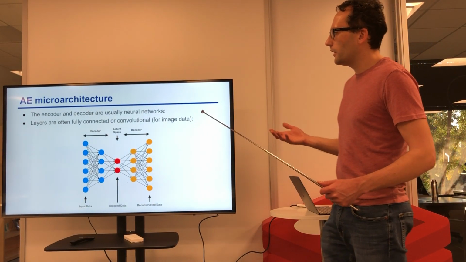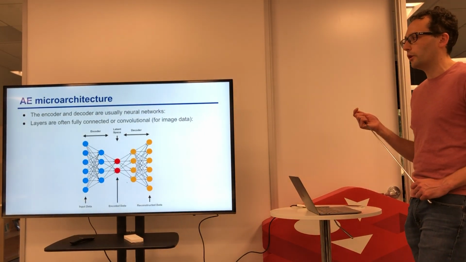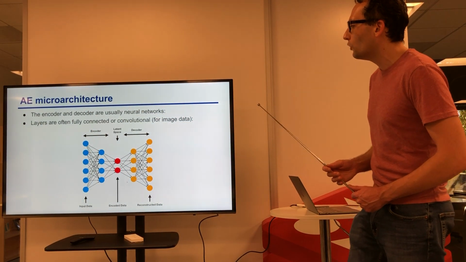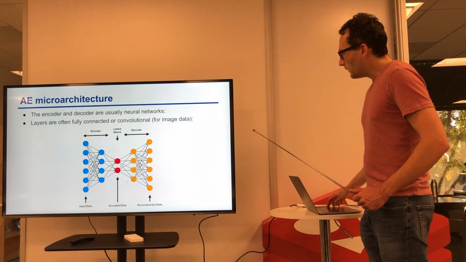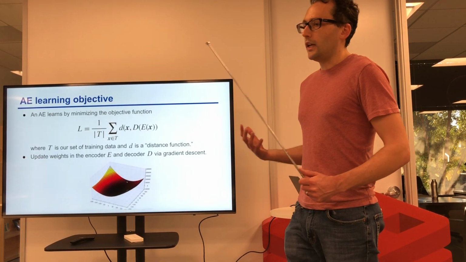Microarchitecture: so exactly what are the encoder and decoder made of? These days, they're made up of neural networks with some kind of topology to them. I'm showing a fully connected one here. And so how do we make an autoencoder really good at its job?